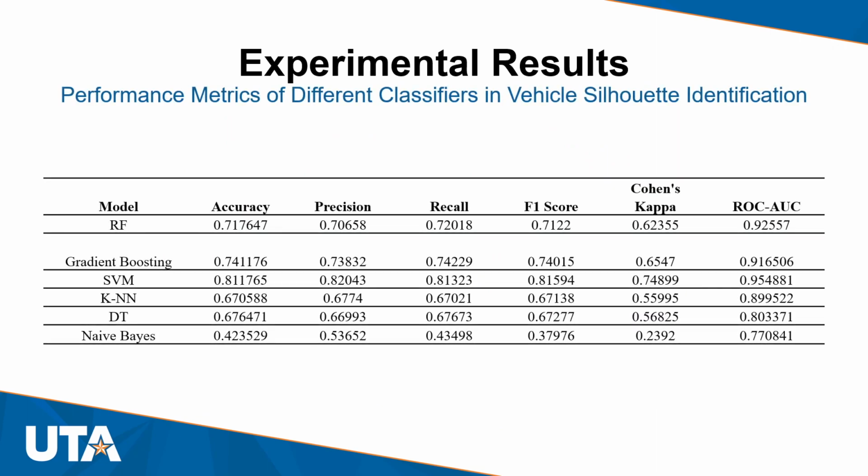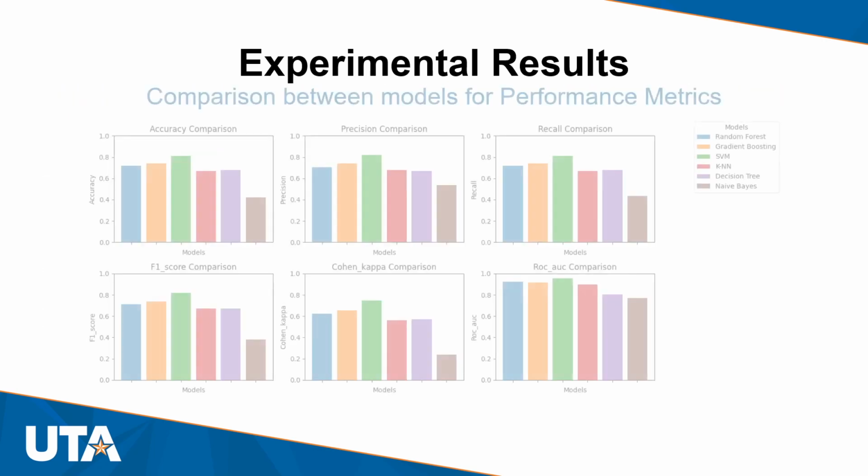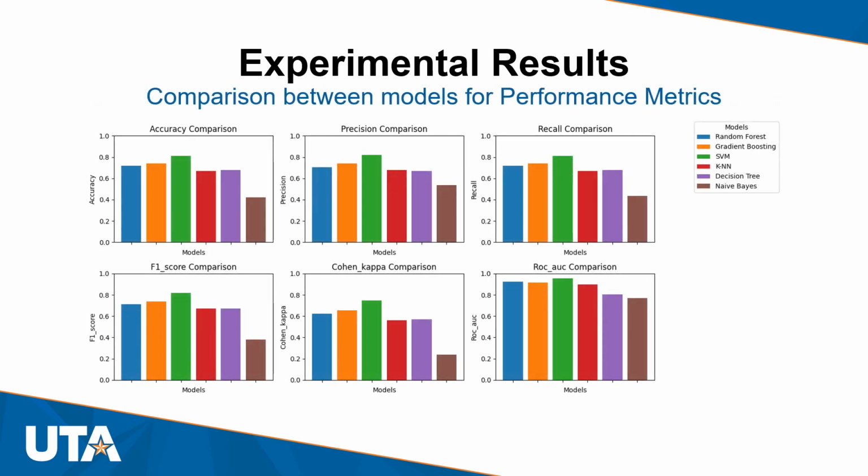Here is a table showing the performance metrics of different classifiers in vehicle silhouette identification. Across all performance metrics, SVM performed the best, while gradient boosting and random forest closely followed. Here is a bar chart comparing the performance of models.